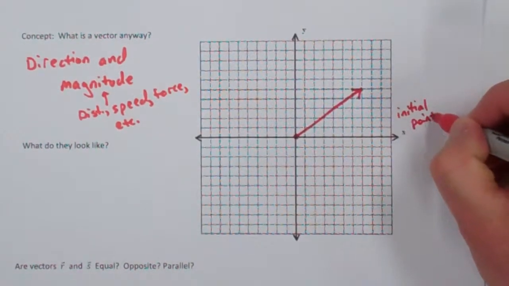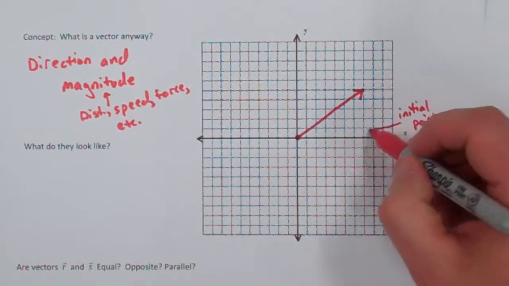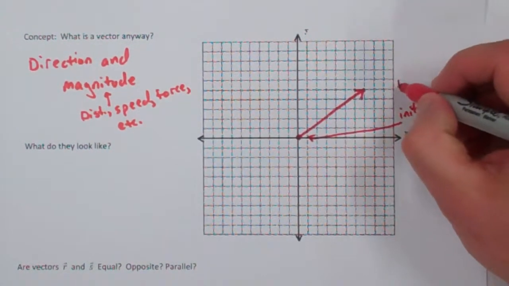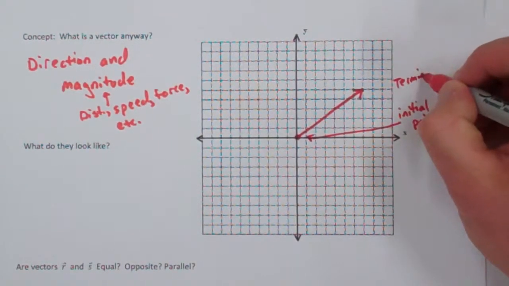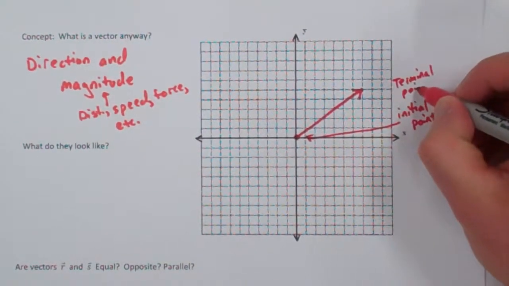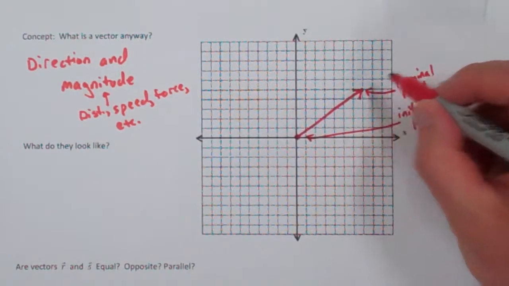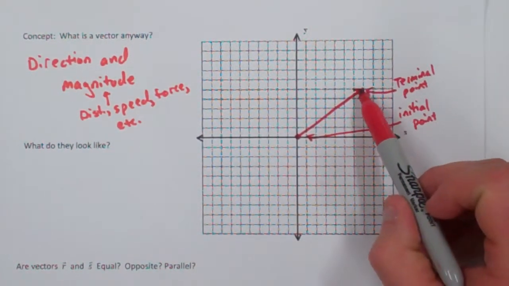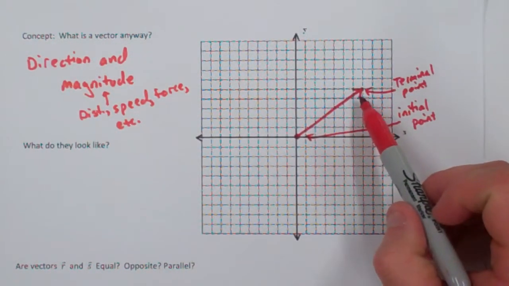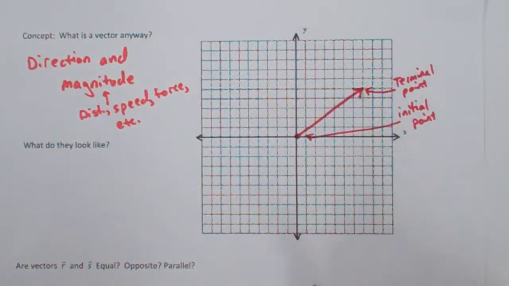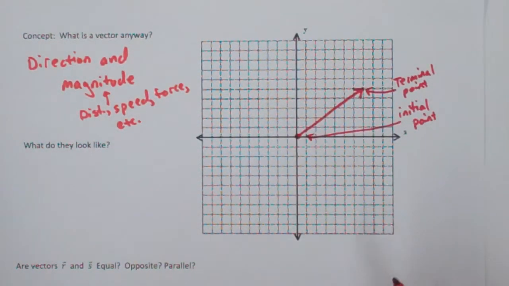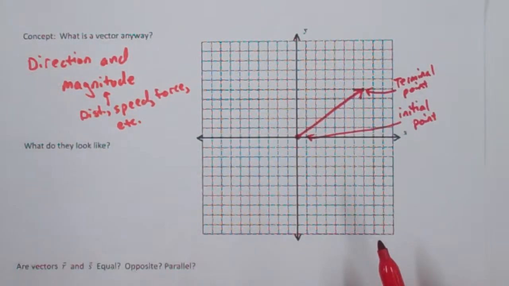Of course, direction does matter, so that'll be important. And then the terminal point is where you end. So that'll be right here. And we usually indicate that at the terminal point by an arrowhead. This is kind of similar to a ray, but a vector is a little bit different. Again, with a vector we are talking about direction and also magnitude.